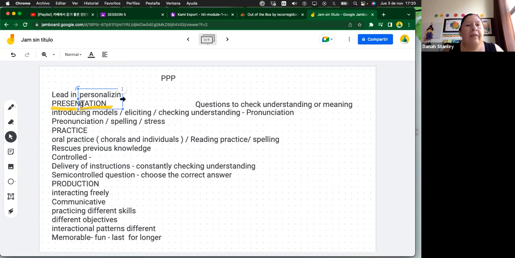What does that mean? That he was asking the students for their own experience and their own preferences. So in that case, they can be totally involved in the presentation.